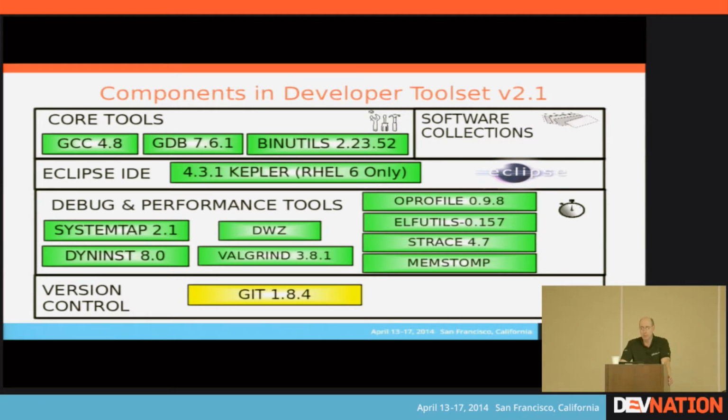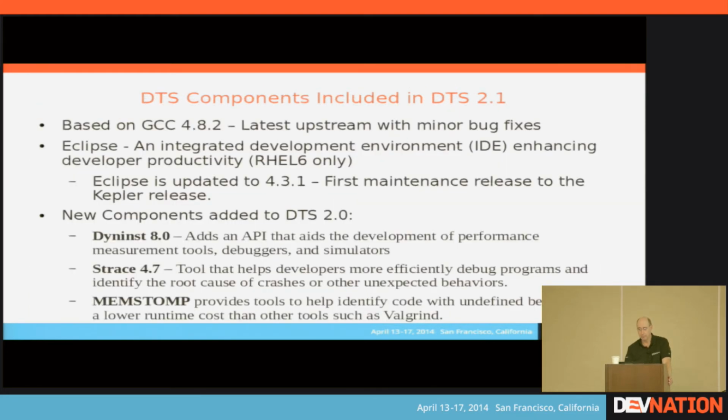And in the latest release of the DTS, released last month, we introduced a new version of Git, version 1.8.4. So, as we said, the current version of the DTS, 2.1, is based on GCC 4.8.2, which is the latest version of GCC with the latest upstream and minor bug fixes.